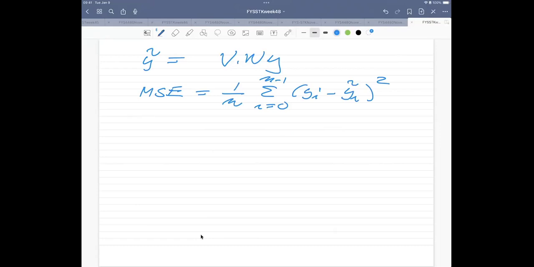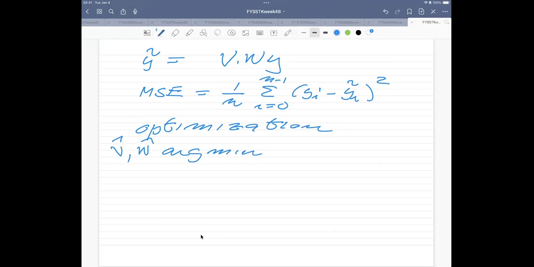And the optimization in this case, and this is roughly where we ended last time, is us finding the optimal v and w. So we minimize with arguments v and w this function here, y of i minus y of i tilde squared.